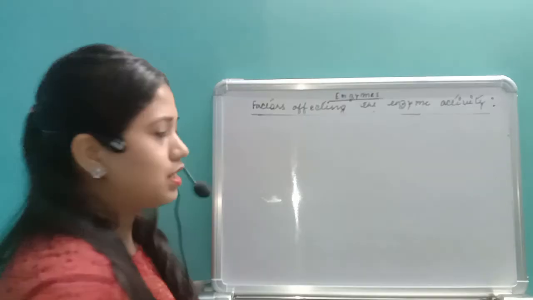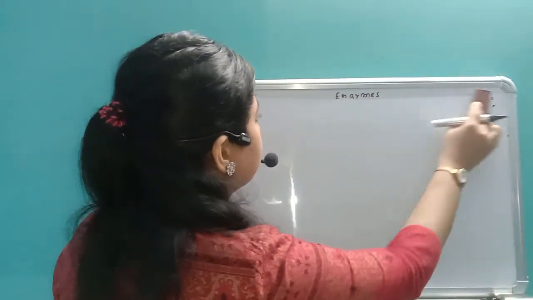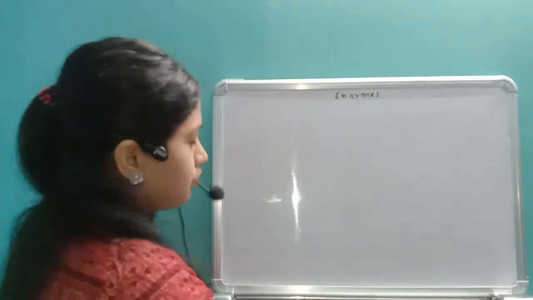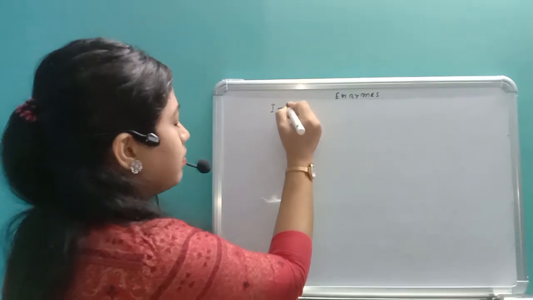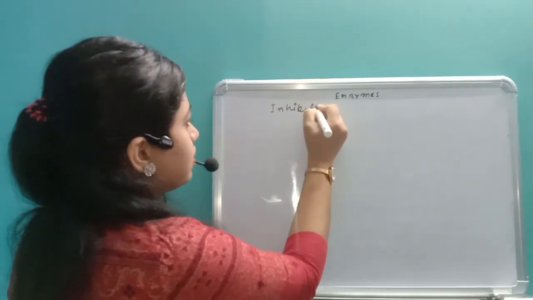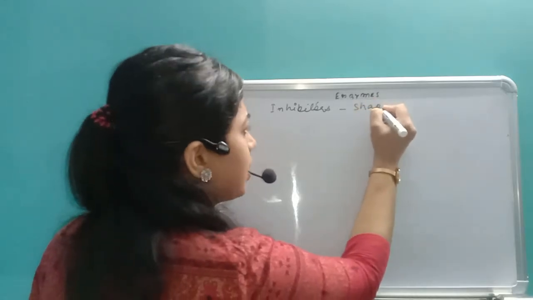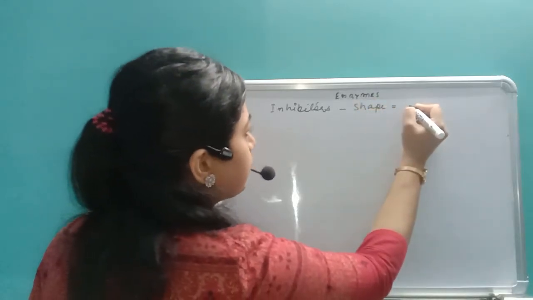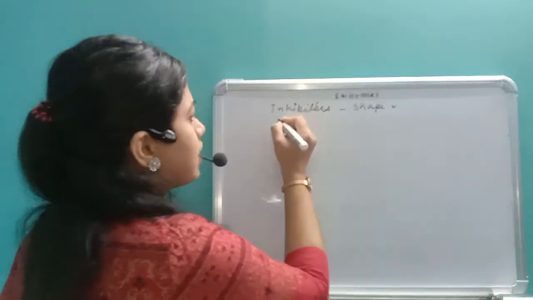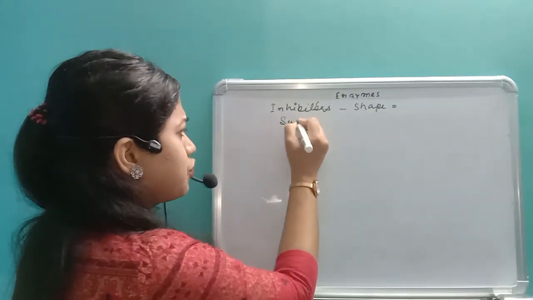Then after that we will see inhibition. In this part we will see the types of inhibitors. So what are the inhibitors? They are structurally similar in shape to the substrates.